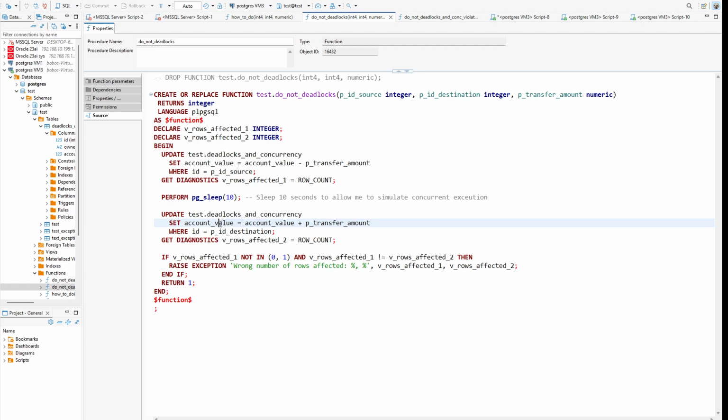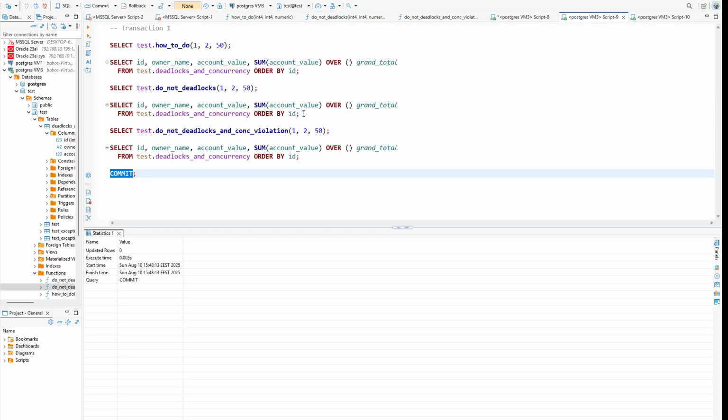For each ID, we have its own statement. And this will lead into a deadlock situation, or may lead into a deadlock situation. It is not sure that you will always have a deadlock situation. And again, this happens for every database engine in this world.